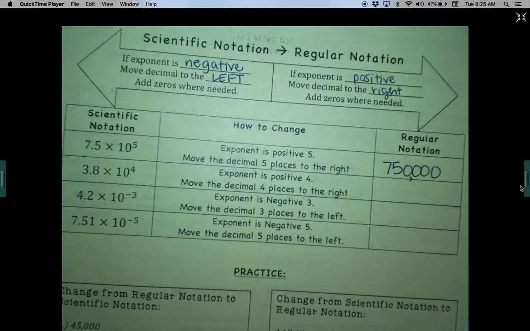So part of the reason we have scientific notation is because it's a much shorter way to write an enormous number. Sometimes on your calculator you will see a weird symbol. So I'm going to show you real quick what I'm talking about.